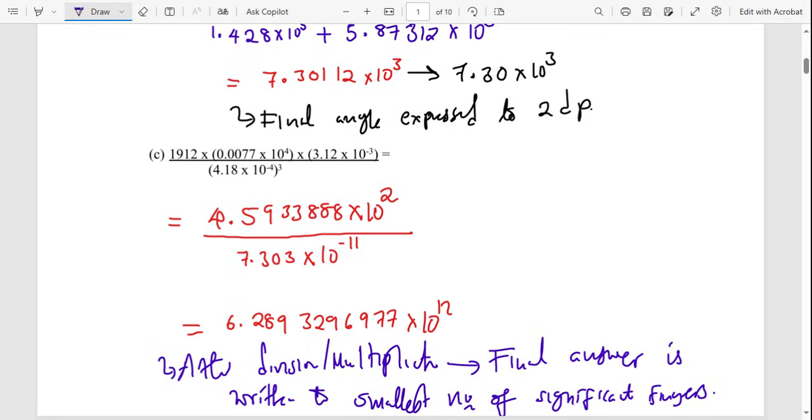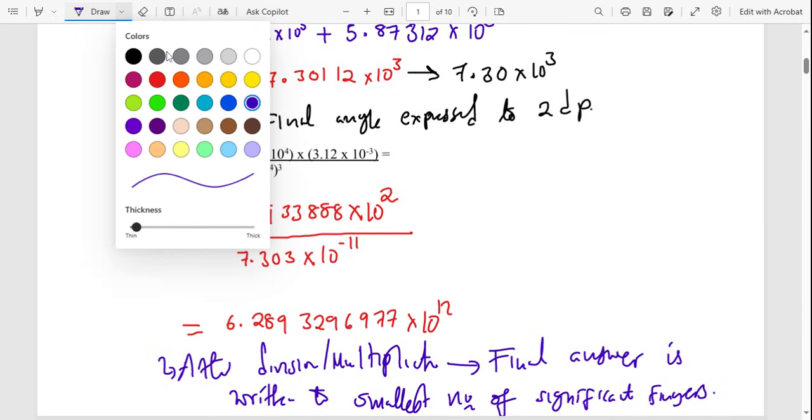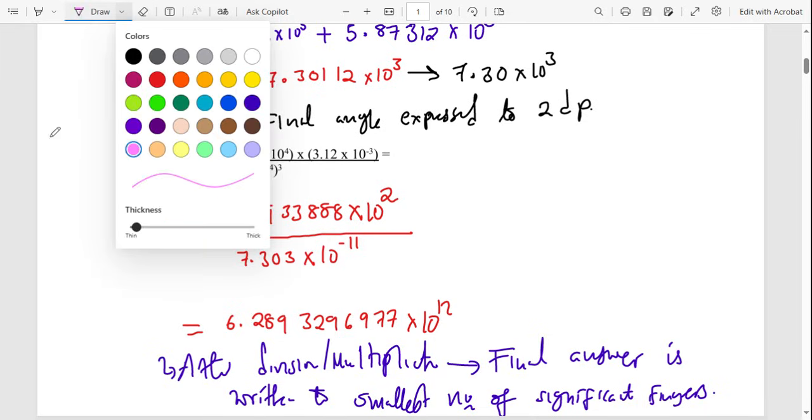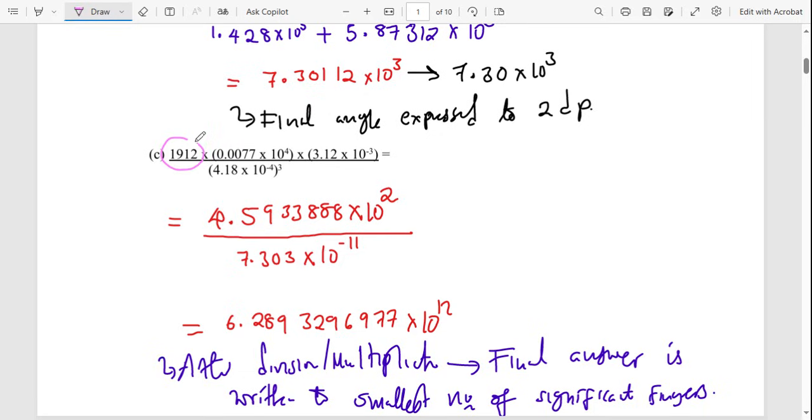So meaning that for our specific question here, you need to know the numbers that we have and how many significant figures they have. Let's look at them. So for the first one, this one has got how many significant figures? The one that I've labeled. Anyone? Okay, very good. Excellent.